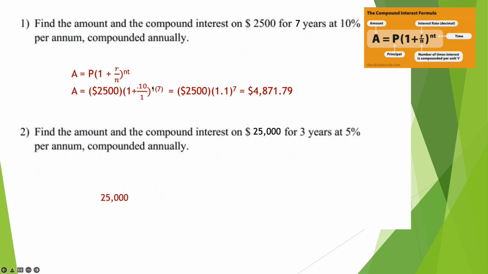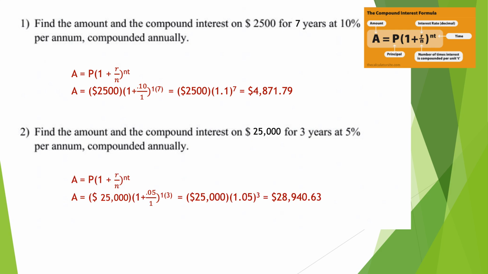If you have any problems with that, just do it on the calculator. Literally just type in parenthesis 1 plus 0.10 divided by 1, close the parenthesis. It'll tell you. And altogether, you get $4,871.79.